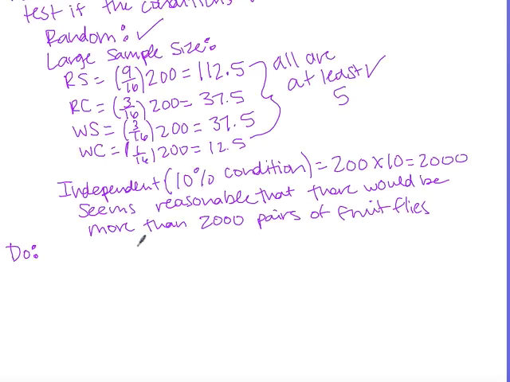The next is do. So because we checked these conditions and everything seems to be met, now we should move on and actually do our chi-square goodness of fit test. And so we're going to do that on the calculator.